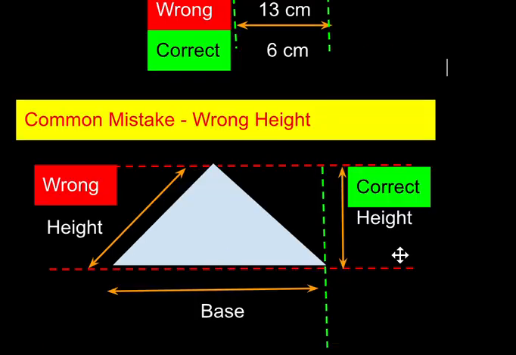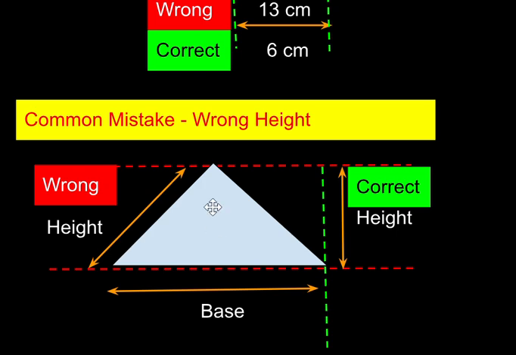Next, apart from using the wrong base, another typical mistake that they make is using the wrong height. The reason is that we always draw the triangle as a right angle triangle, and we always say that one of the sides is the height. So when students try to find the area of a triangle, they always see the flat piece as the base.